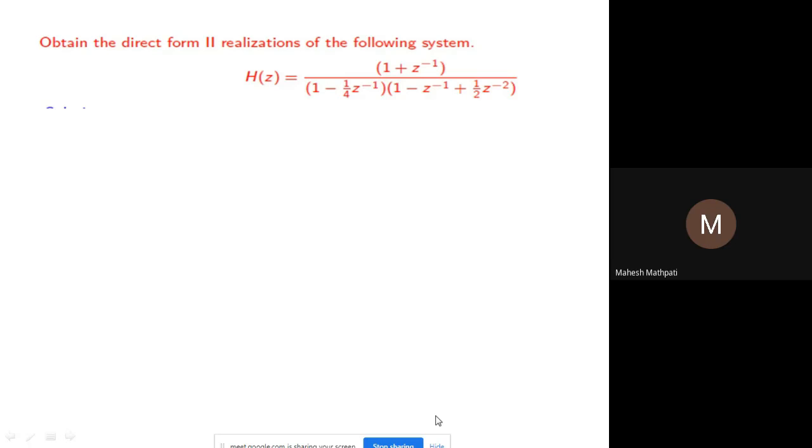Can anyone tell me how to proceed with this? You have to solve this now. First you have to write the difference equation. Then you have to go for direct form 1 and direct form 2.